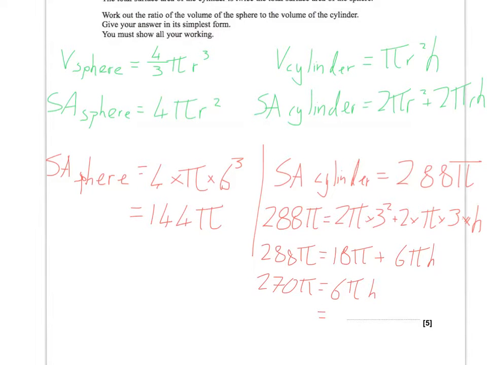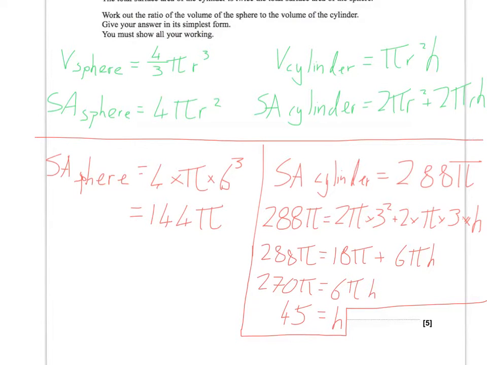Divide by pi and then divide by 6 gives me 45. So they all cancel out and everything. So let's just ignore the fact that the answer box is there. I would have been able to squeeze this in had I not got a big fat sinus. Okay, so there's the surface area of a sphere to find the surface area of a cylinder, all to find the height. Now I've got the height, I can find the two volumes and we're away.